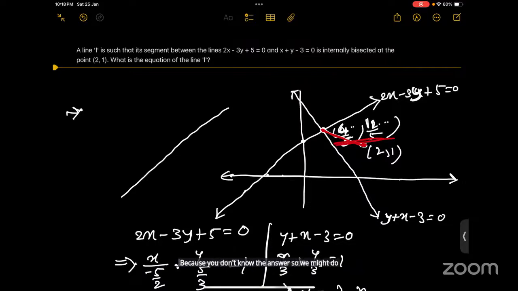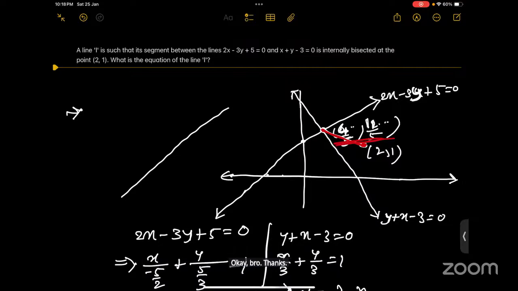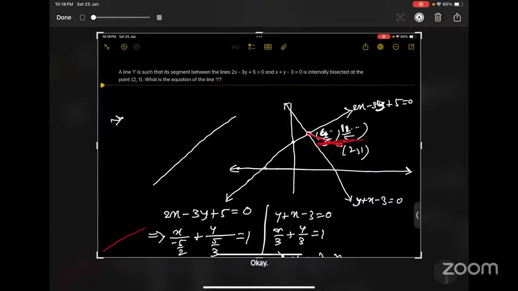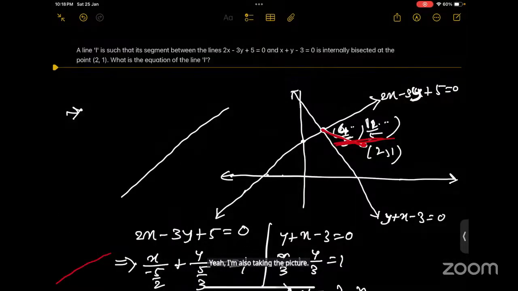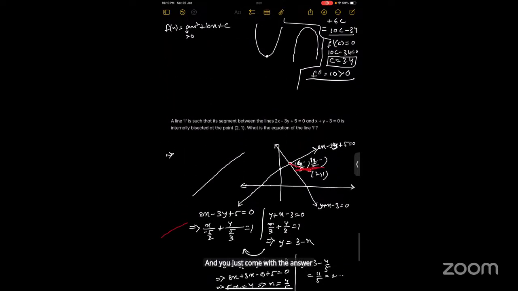So can you tell us the answer also in the next session? Okay, bro. Yeah, I'll come with the answer in the next session. Then we can solve it again, and also take the picture of the question. Yeah, I'm also taking the picture. Okay, we can discuss this question in the next session again, and you just come with the answer. Then we can recheck it with the answers also.